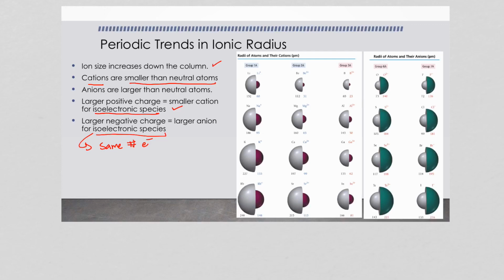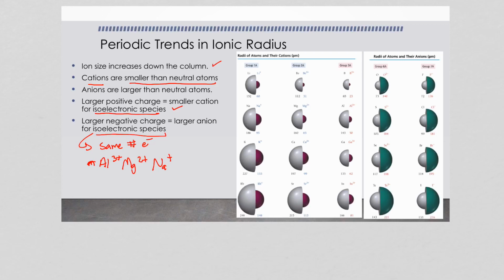Well, that would be something like sodium +1, magnesium, all the way to aluminum 3+, magnesium 2+, sodium +, right? All have 10 electrons. What else is going to have 10 electrons?